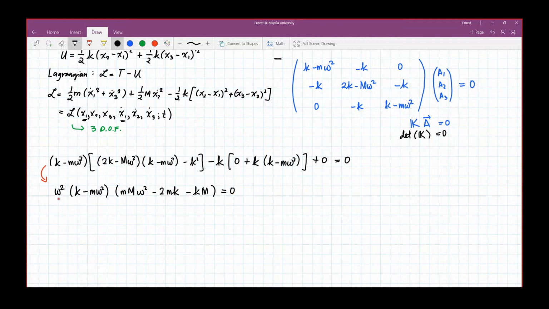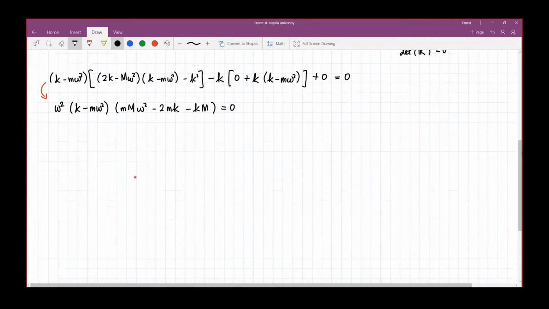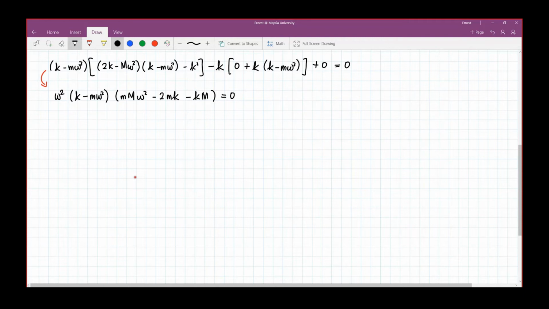Okay, so this is three factors, which corresponds to our three characteristic frequencies. So the expressions for your omega are the following. First one, omega 1 is equal to 0 from here.